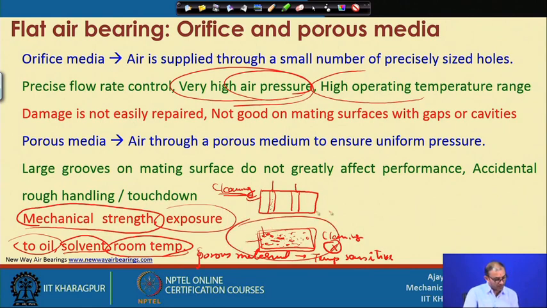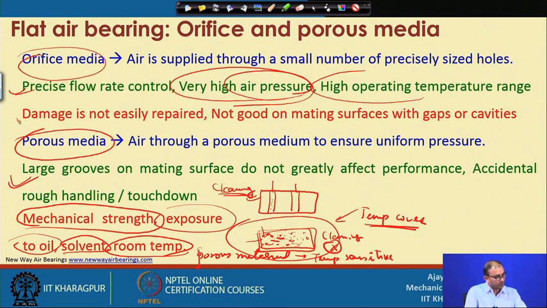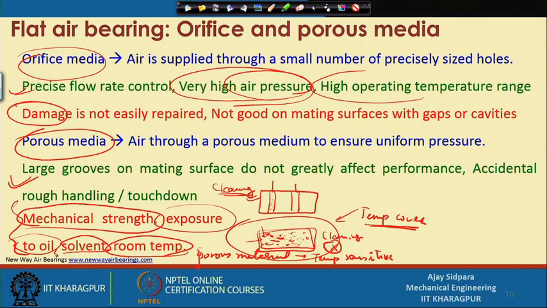You have to provide a localized temperature cover, so that you maintain that particular temperature throughout the operation. So, we can see here that some of the things are good for the porous media, some of the things are good for the orifice media also, but both have some disadvantages. So, depending on the application or where you want to use it, there are different considerations.